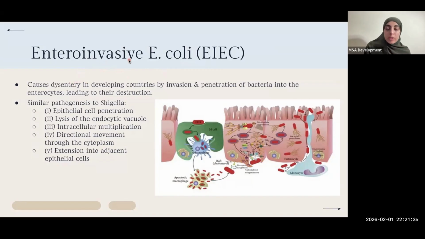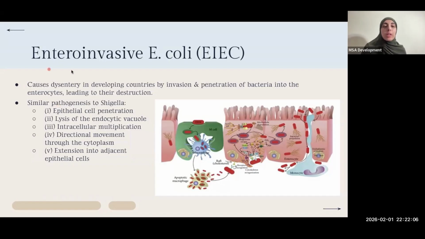You have the word invasive, so if there is invasion, then there is dysentery or bloody diarrhea. So the pathogenesis of enteroinvasive E. coli is similar to Shigella. Remember, how did Shigella cause diarrhea? It caused it by invasion. So it went into the M cells and then into the enterocytes, leading to their destruction and invasion of the bacteria into the mucosa.